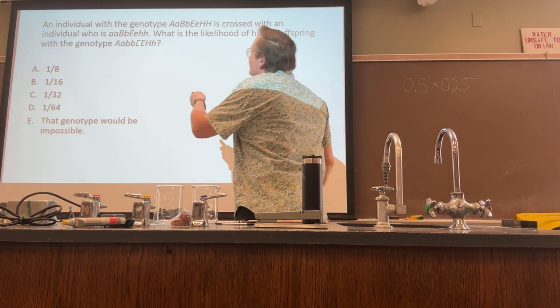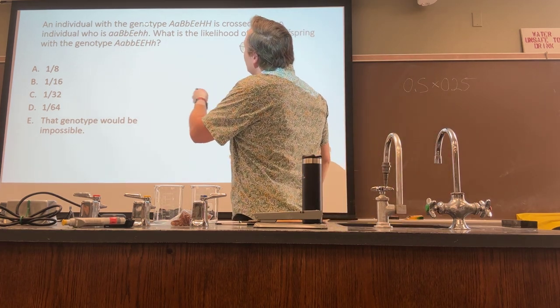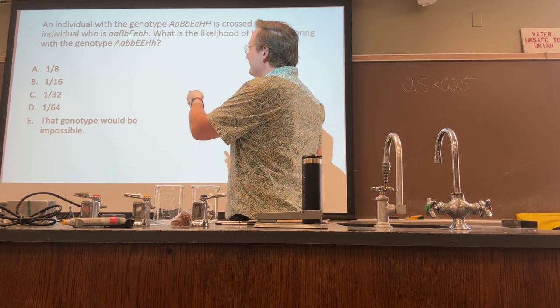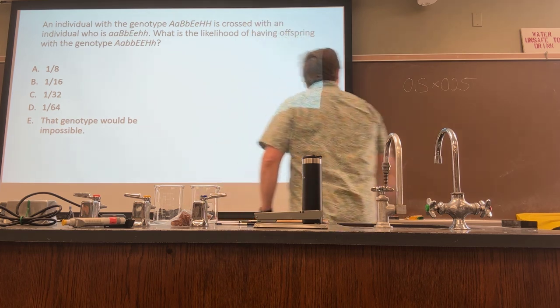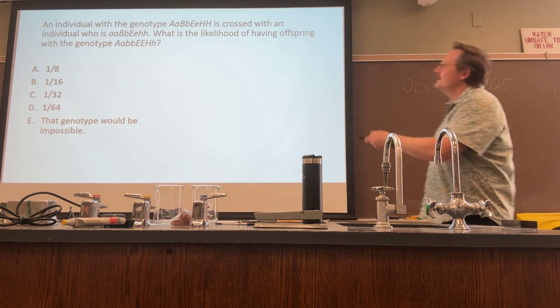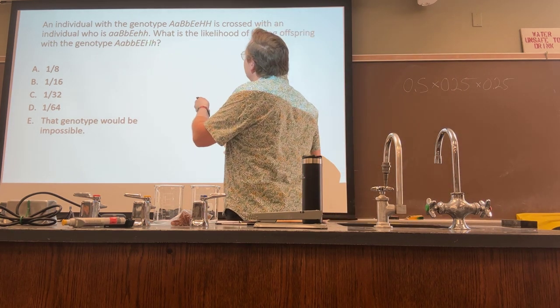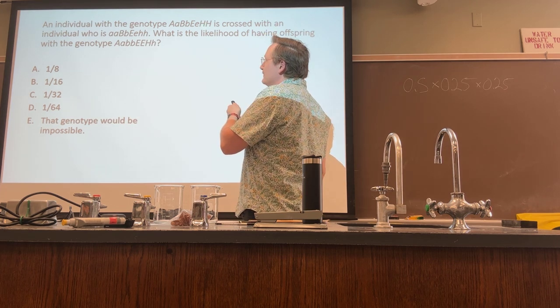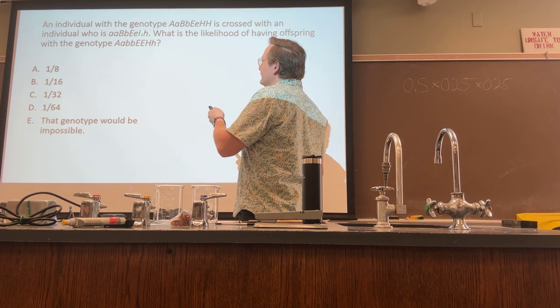Probability of it being homozygous dominant. Well, what's the probability of receiving a dominant allele here? Here? 0.25. Probability of being heterozygous for H. What's the probability of receiving a dominant allele here? Recessive allele here?